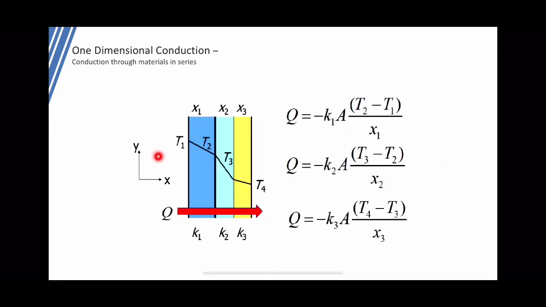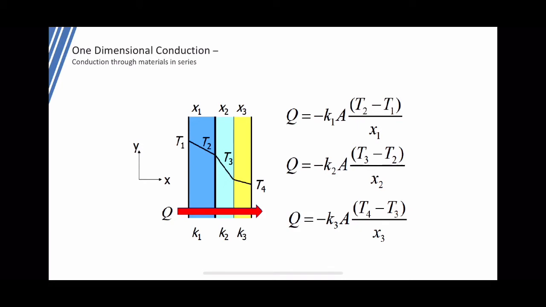Now, we always talk about one-dimensional conduction that goes through one X, right? And sometimes we do talk about two-dimensional conduction. As you can see here, T1, T2, T3, and T4, each layer has its own K, and you can predict that for material number 2, even though the thickness is small, there's a huge decrement in the quality of Q. That means its K is quite low.